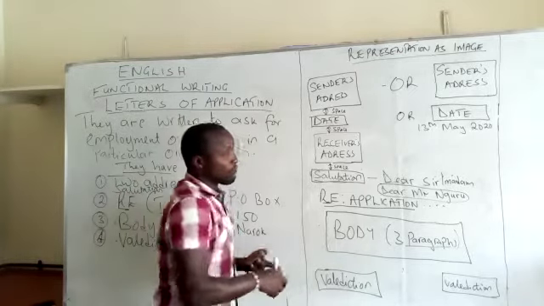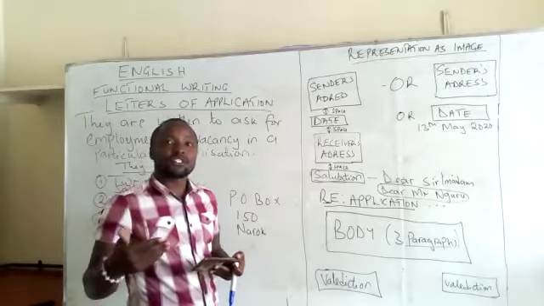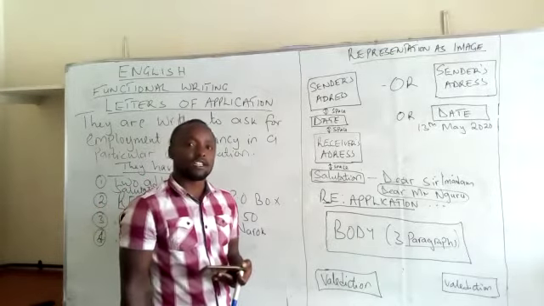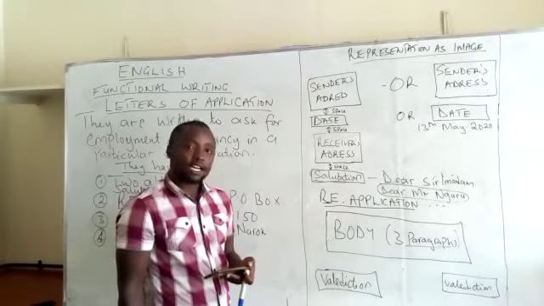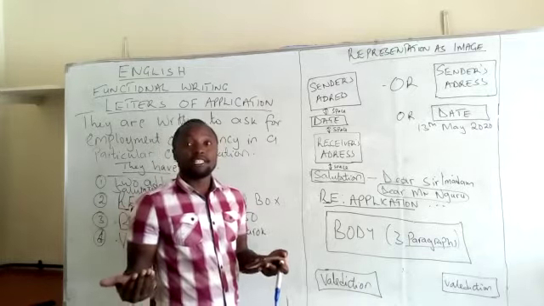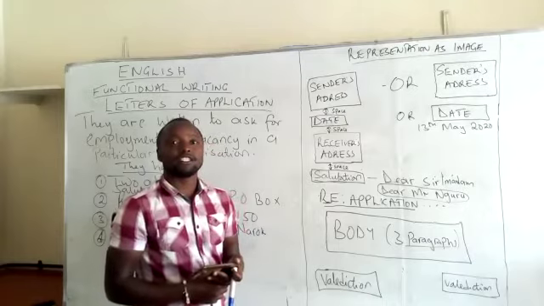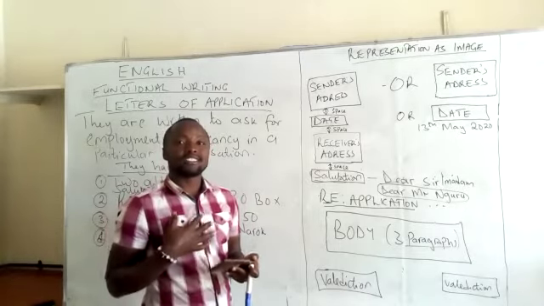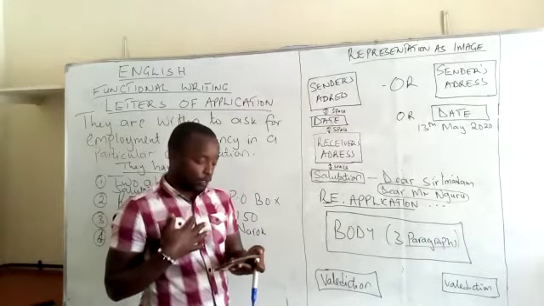Then, the second paragraph is the paragraph that gives the background of whatever it is that you are doing. And in this paragraph, you just justify your course. For example, if it is a scholarship you are asking for, then you just explain why you think you qualify for that.